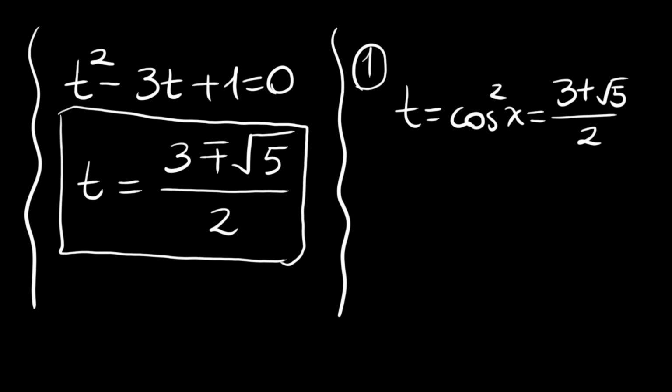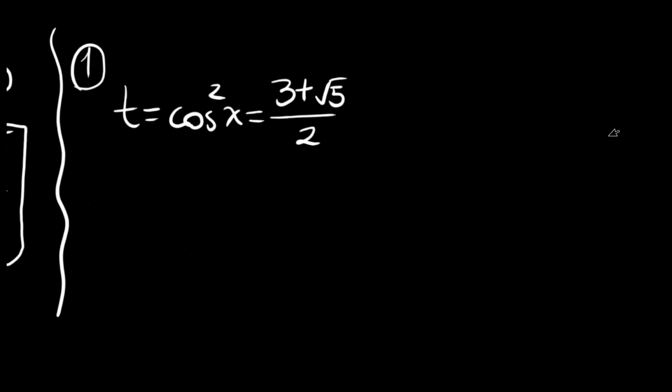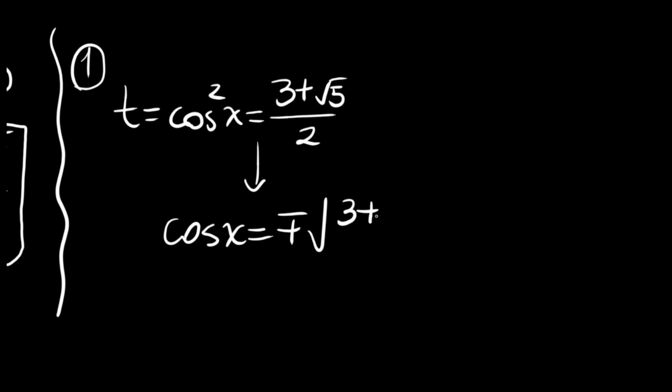divided by 2. This is a special number, this 3 plus root 5 divided by 2. Let me show you. We will square root both sides and write cos x is equal to plus minus the square root of this number, 3 plus root 5 divided by 2.